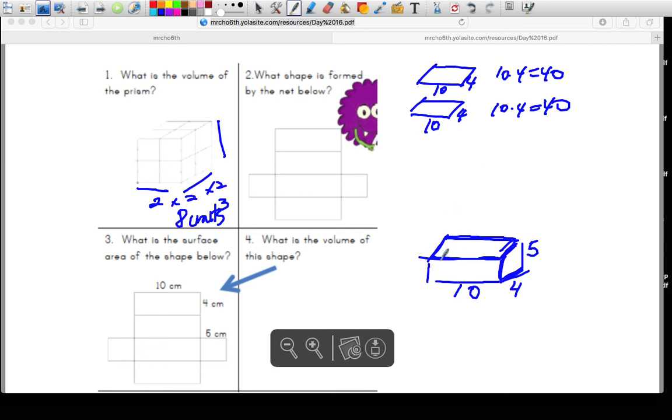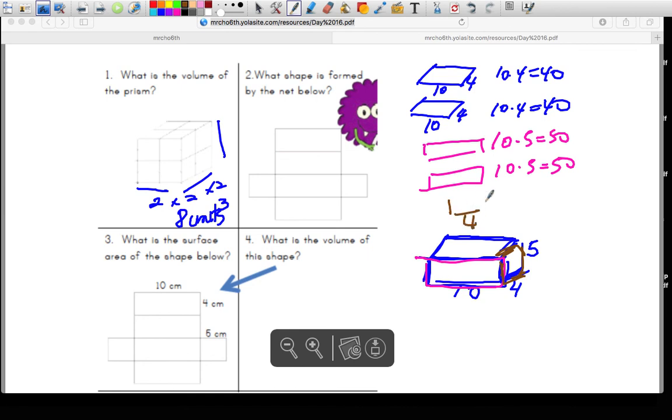Now I've got to do my front. It's my front rectangle. It's 10 times 5, which is 50, and there's a back, which is the same thing. And finally, I have my side here, my left side.